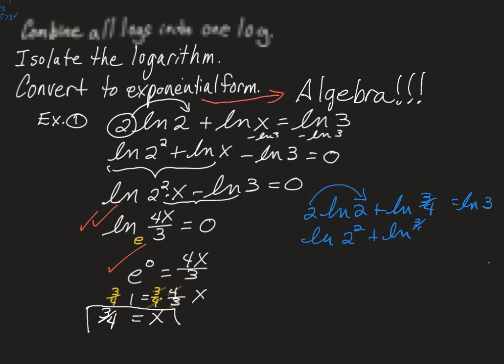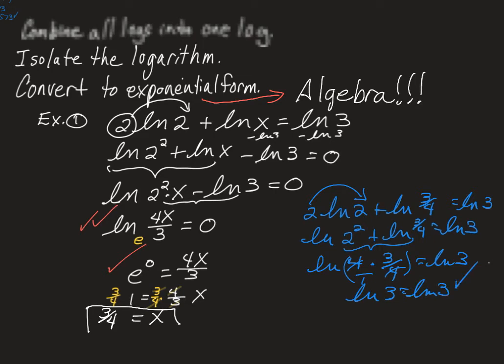This is the natural log of 4, but I have a sum, so it can become a product. 4 times 3/4, that's like 4 over 1. Everything cancels. The natural log of 3 equals the natural log of 3. So I'm done, and I've checked it without a calculator.